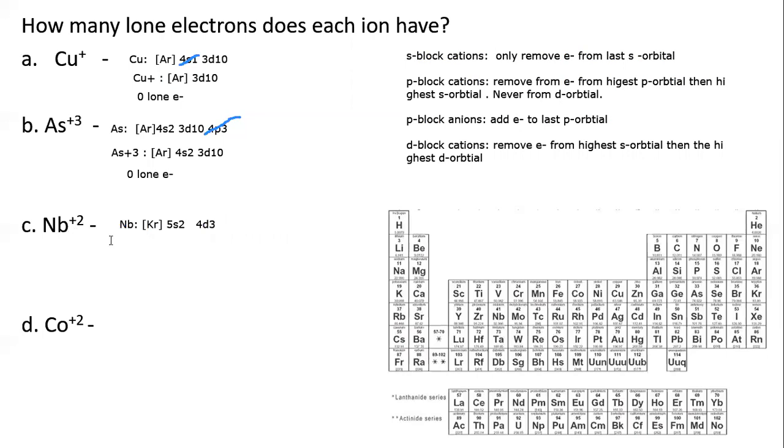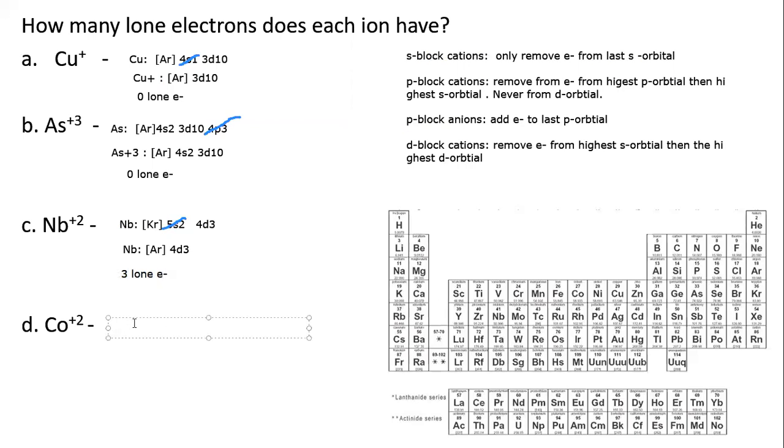So since it's niobium 2 plus, we remove the 2 electrons from the 5s orbital and we get this electron configuration. Now remember, with a d orbital, you have 5 degenerate orbitals, and so if you have 5 or less d electrons, then those are all going to be lone electrons. So niobium 2 plus has 3 lone electrons.